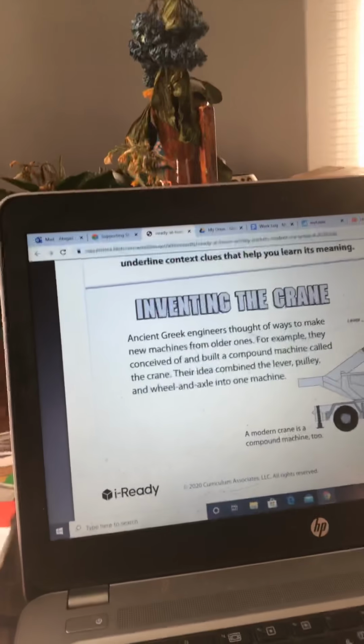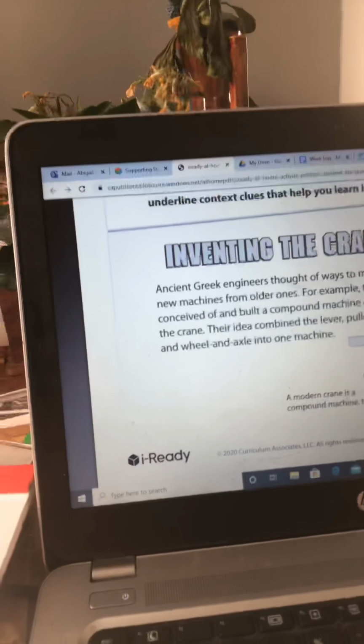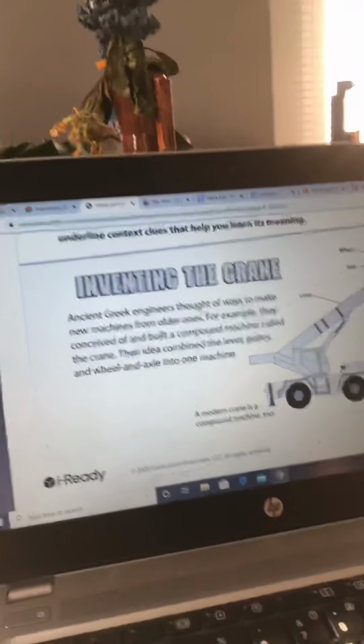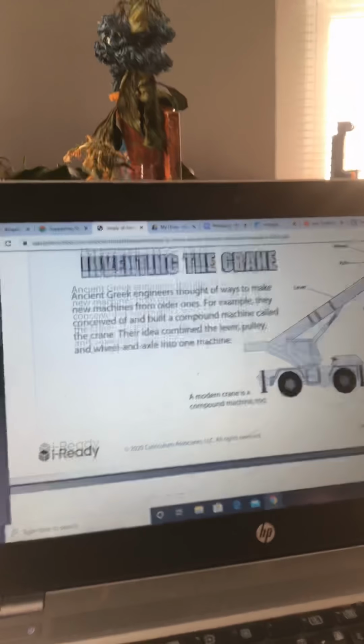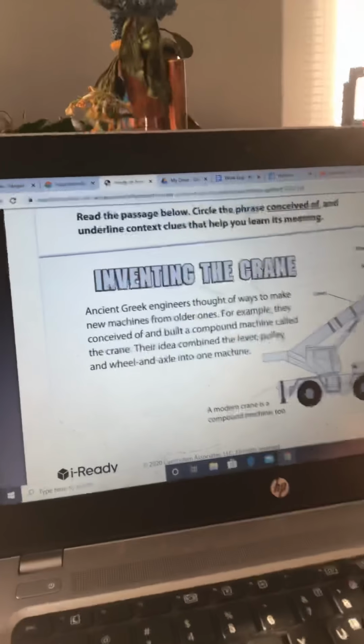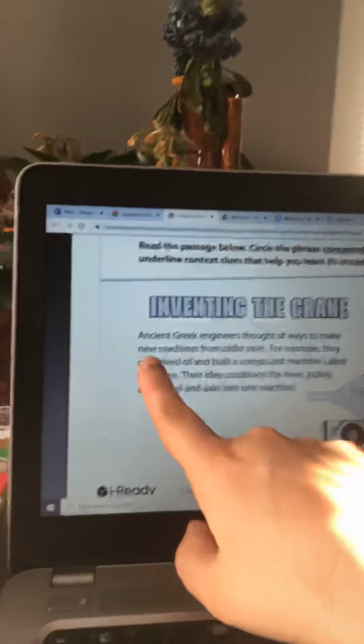All right, so inventing the crane. Now we know what it's about. That's important to understanding. What word in here is a clue? Yes, we're on clues. What word is important? For example, they conceived of.